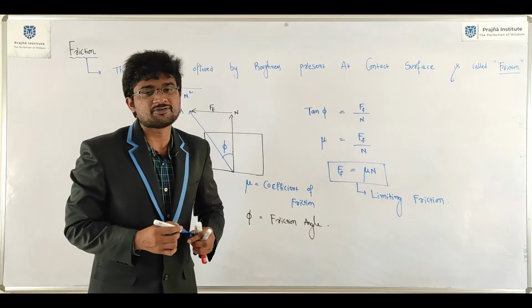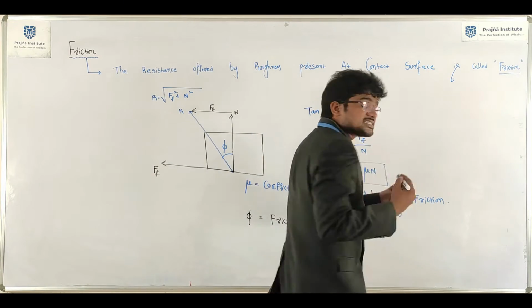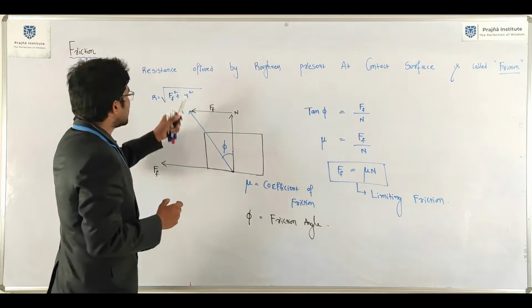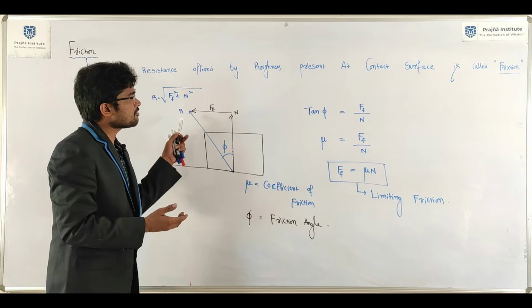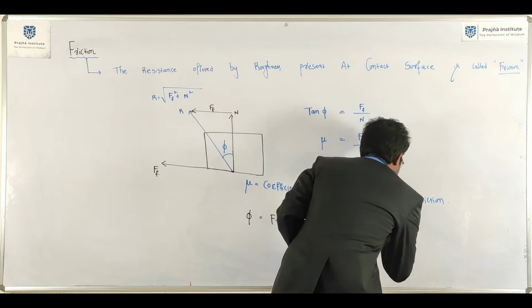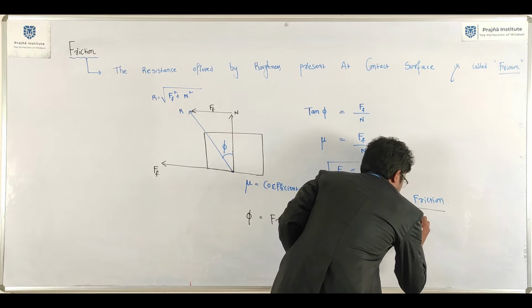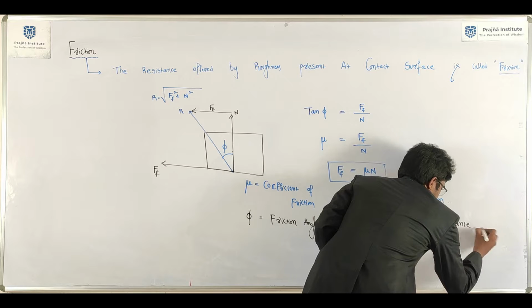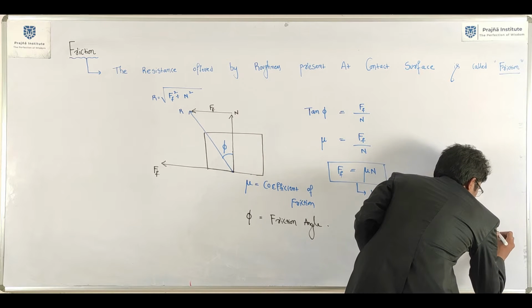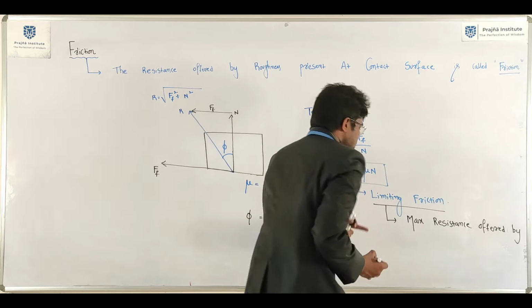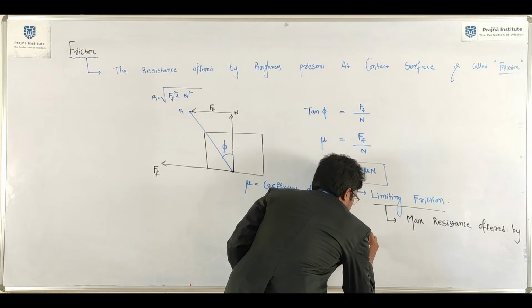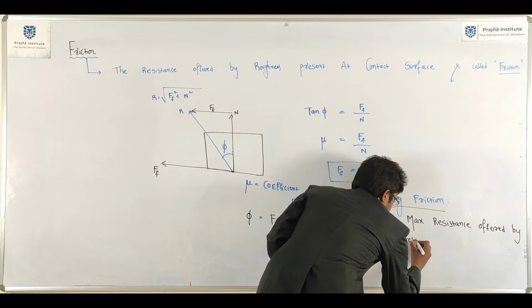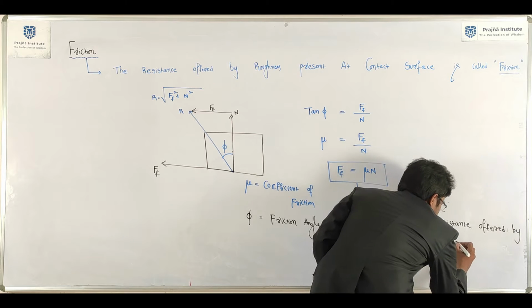What is meant by limiting friction? It is the maximum resistance offered by the roughness present at the contact surface.